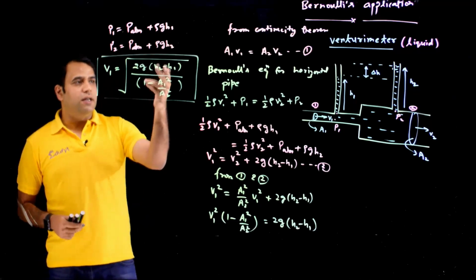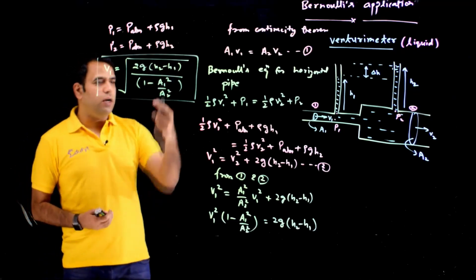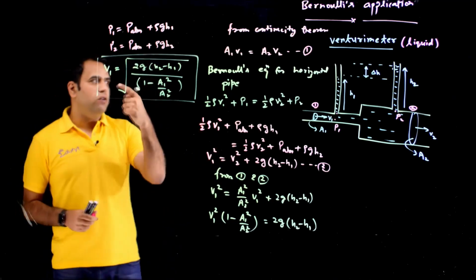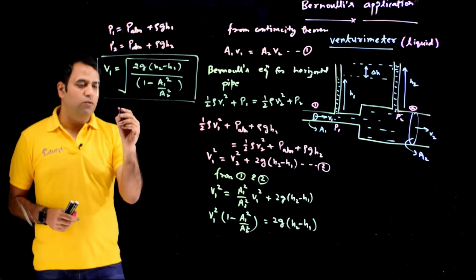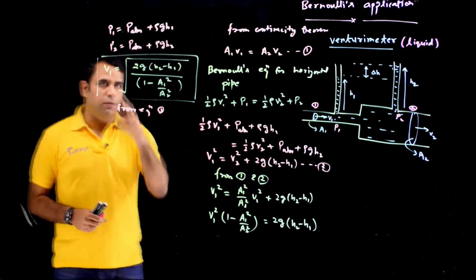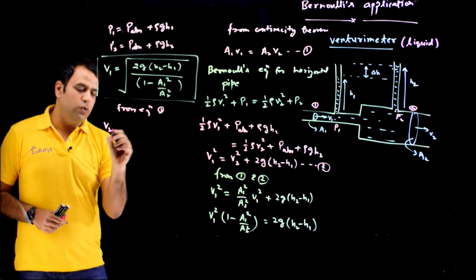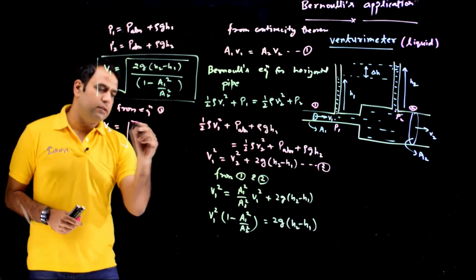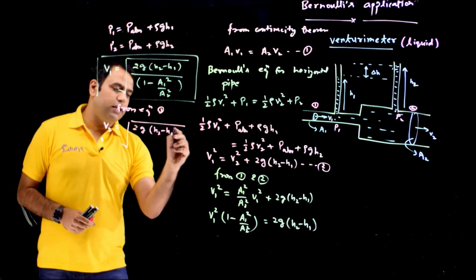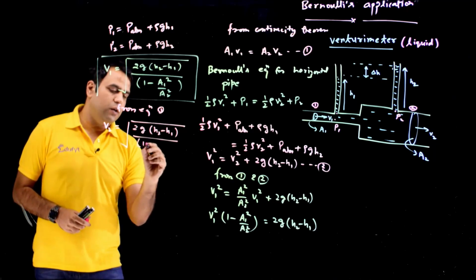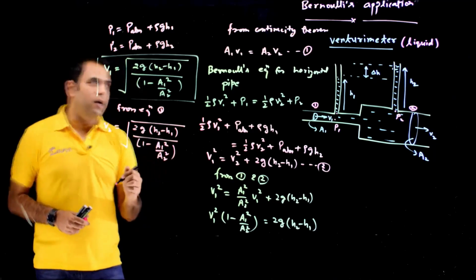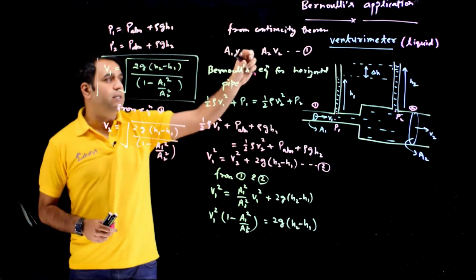Now you see H1 and H2 are quantities which we can calculate, and A1, A2 we can also measure. So this value of V1 we can put in equation 1. From equation 1, we put the value there, so the V2 we will get as the square root of 2g(H2 minus H1) divided by 1 minus A1 square upon A2 square, multiplied by A1 upon A2.